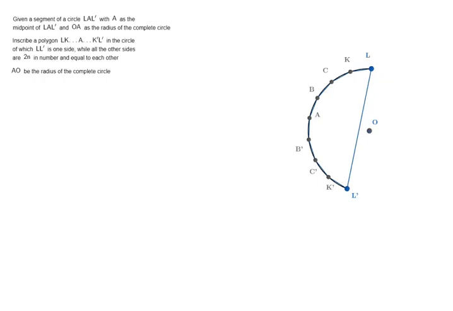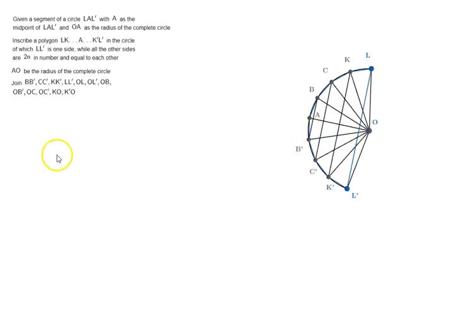So let's draw AO. Join BB prime, CC prime. All these points we have to join. So I'll just join them. Now revolve the polygon with the segment of the circle about the radius AO, producing a solid figure inscribed in a segment of a sphere. Okay, let me demonstrate that.